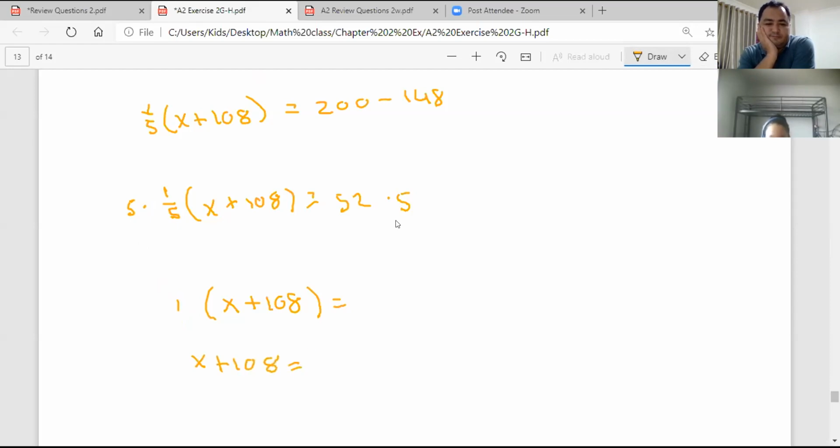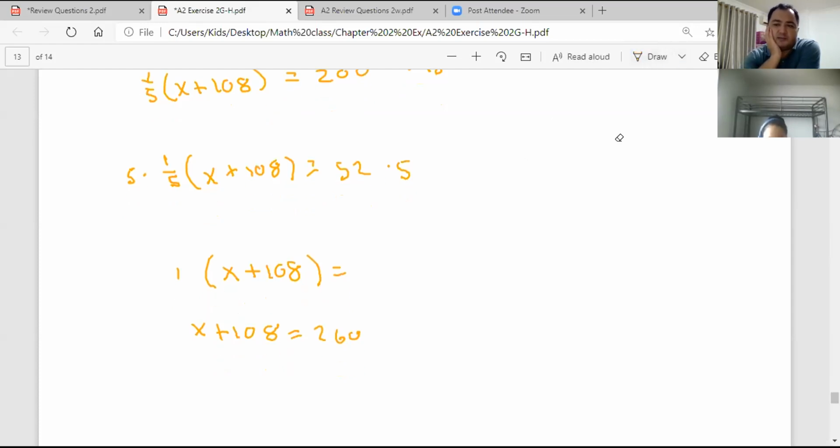Which is 52 times 5, that's 5 times 50, 250, 5 times 2, 10. So it is 260, right? Good. So x equals 260 minus 108.